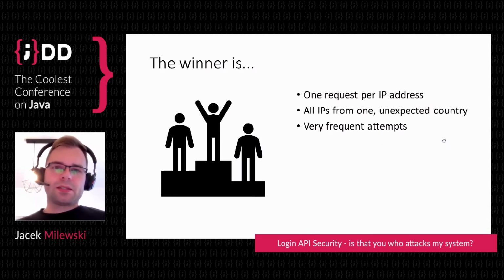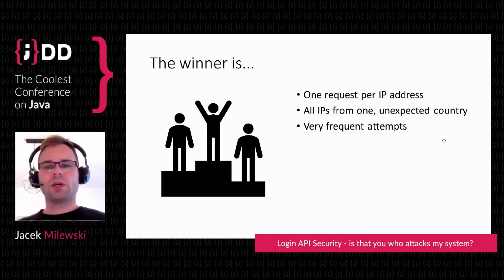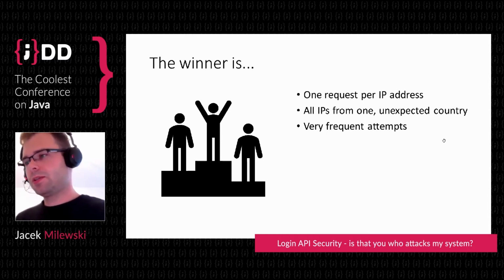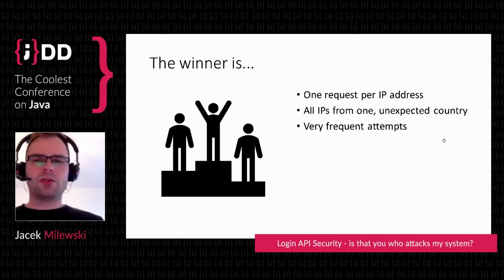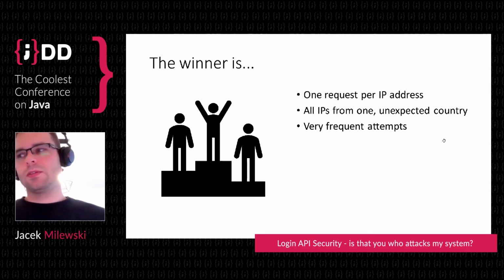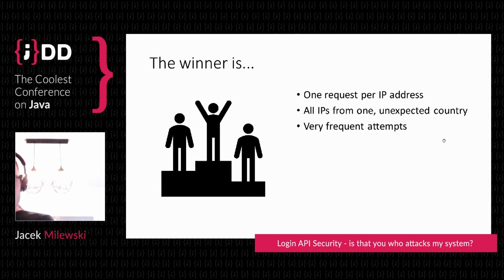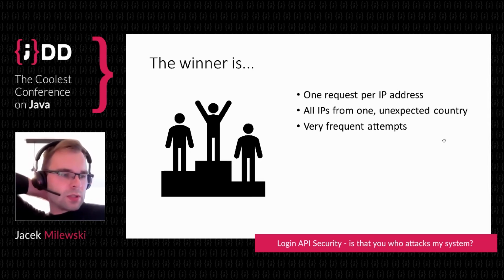And the most sophisticated attack, I think, is the one that had one request per IP address. I mean, maybe not sophisticated, however, pretty costly from an attacker perspective, because the botnet network that he had to lease, that he had to pay for, was pretty big in this case. However, all IP addresses were from just one country, an unexpected one that we do not usually have traffic from.